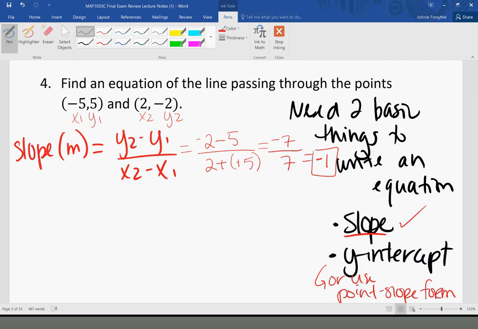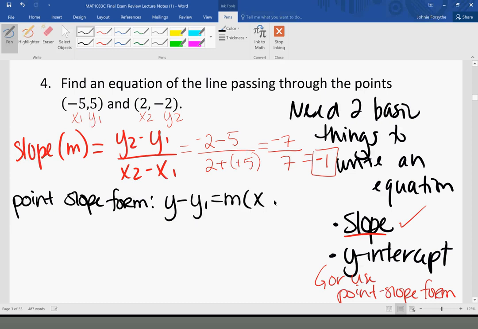Okay, so point slope form is the following: y minus y1 equals m times x minus x1. So m is going to be your slope, and then x1 and y1 is going to be one of your points.